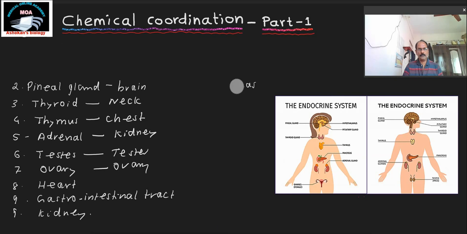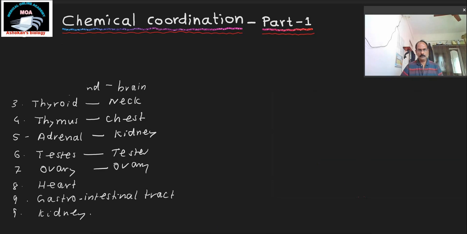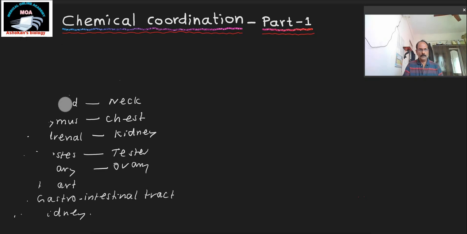Let us take a brief survey of the different characters, properties of a hormone. What is a hormone? The secretion of the endocrine gland is known as the hormone.